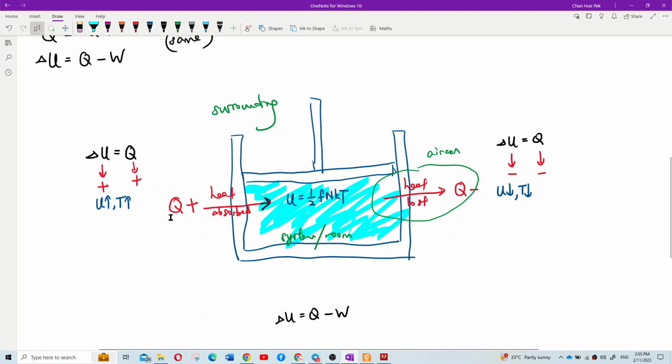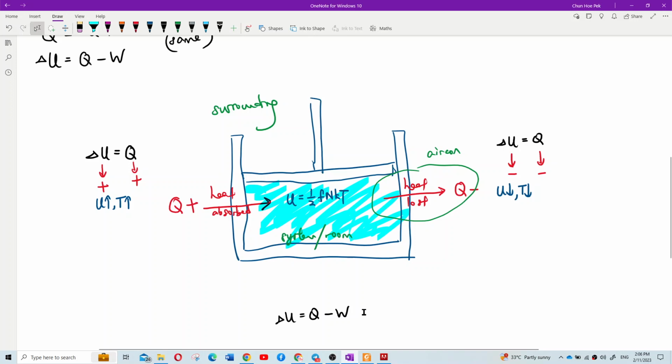One way is heat absorbed or heat lost, which will affect the internal energy. Internal energy is affected by exchange of heat, or work done by the gas. Heat is just one way. Work done is the other way. Understand? Okay, how about work done?